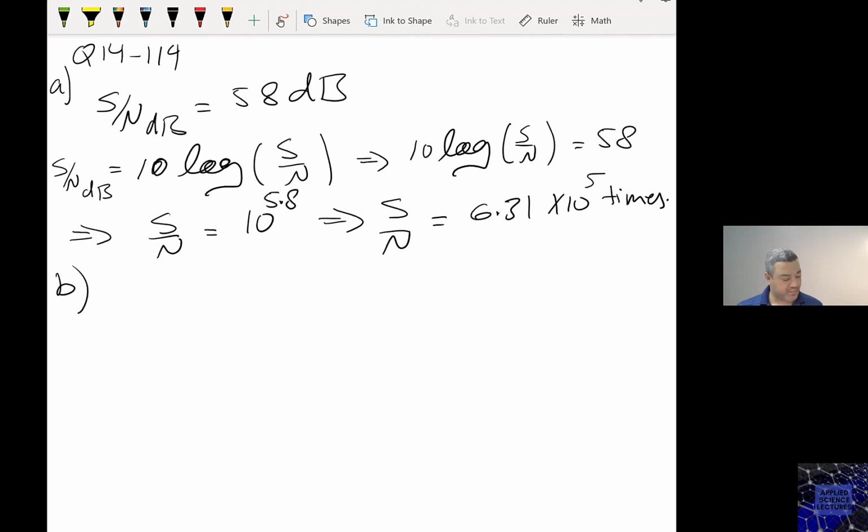B, a stereo speaker has a flat response of 4 dB, which means that any two signals of equal power sent to the speaker result in sound intensity levels coming from the speaker that differ by 4 dB or less. Determine the maximum variation as a ratio of sound intensities produced by this speaker. So here we have I2 over I1.